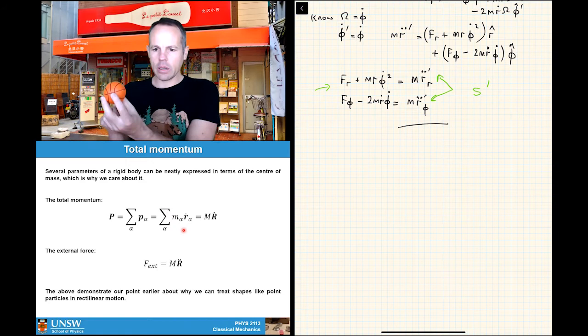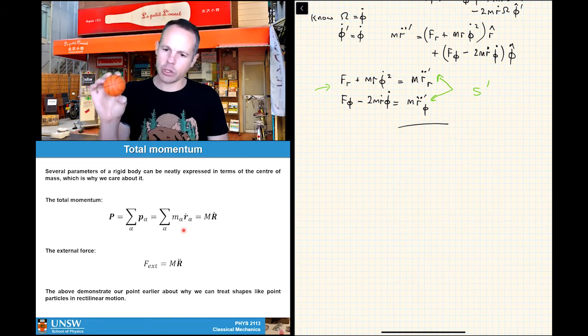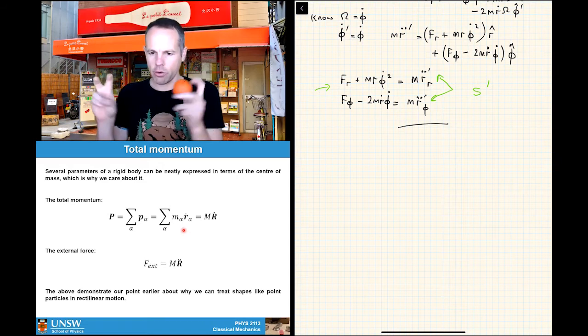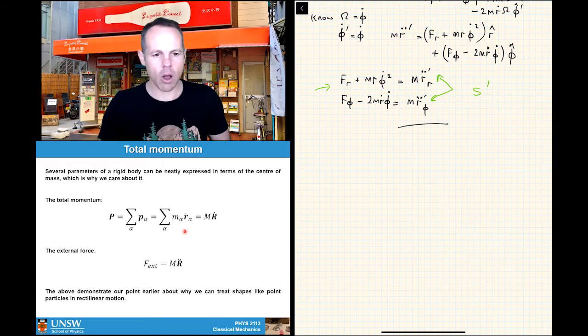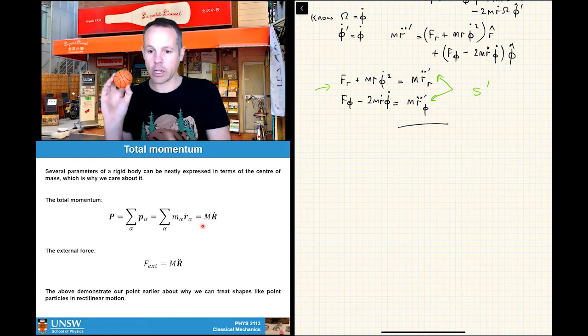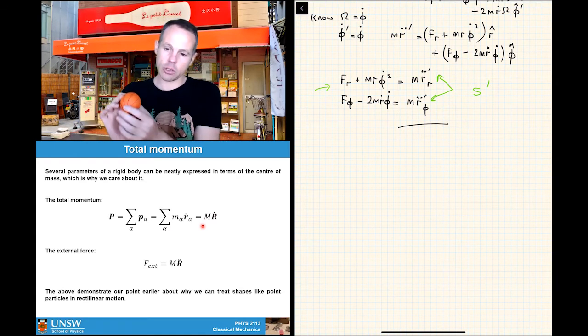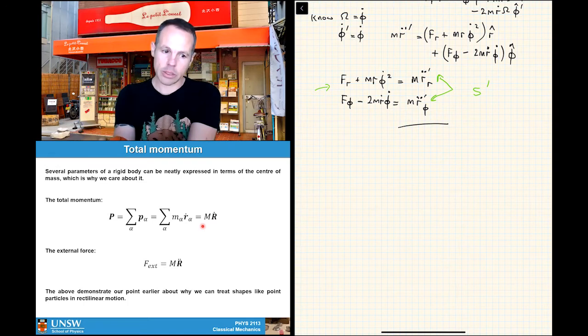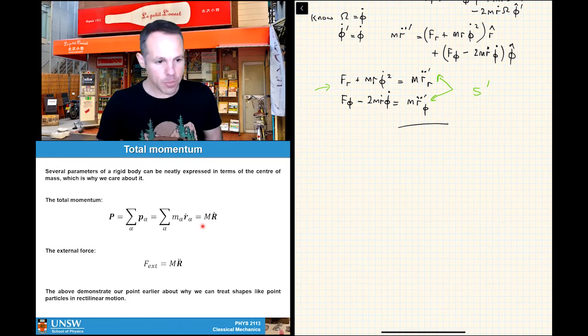And we can basically treat a rigid body, as far as its total momentum is concerned, as just what they call a center of mass motion, right? So we basically tie the full mass of the object to its center of mass and just treat the motion of the center of mass, assuming that the entire rigid body will follow its center of mass, okay?